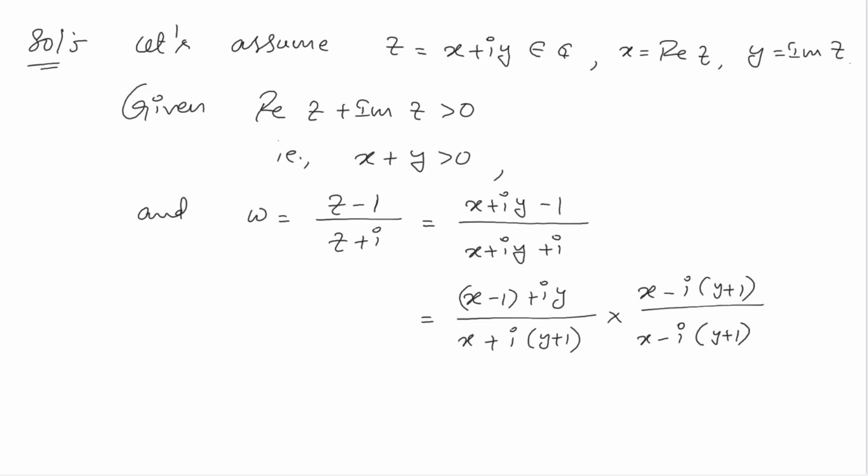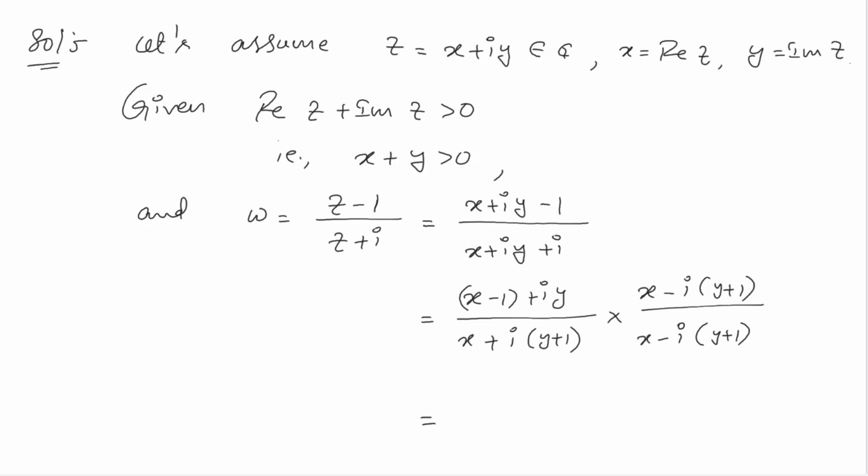When we multiply this, it does not change the value of this expression, since we are just multiplying with 1. Since the denominator is non-zero, we can do this.